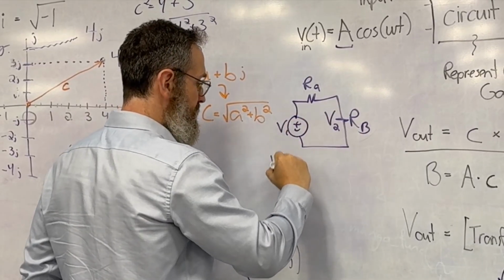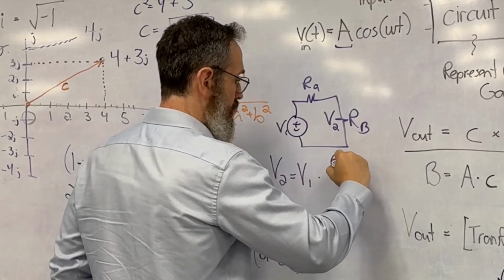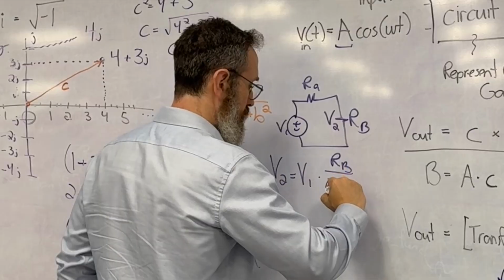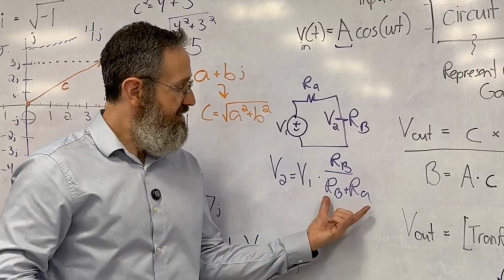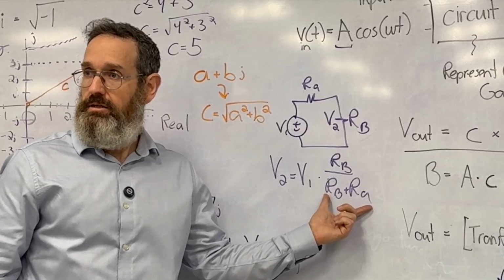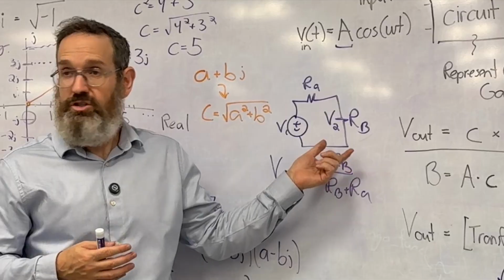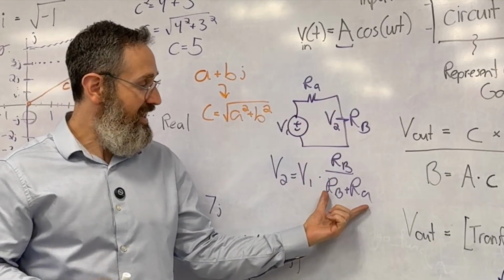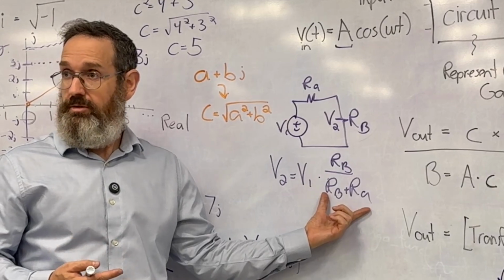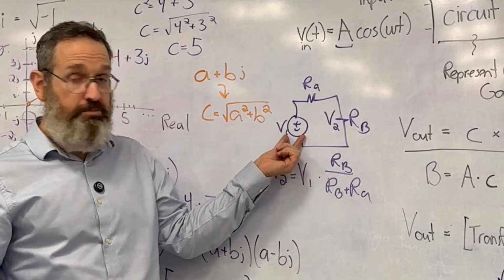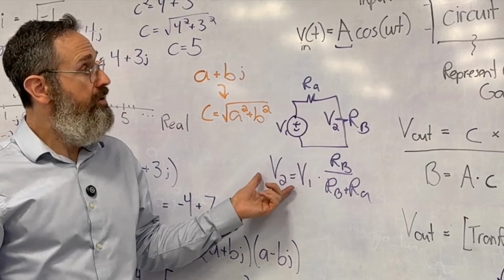V2 is equal to V1 times RB over RB plus RA. What have we done here? This is the circuit. A physical object full of all these elements has been collapsed, in this case to a number, but it's an equation. Input, circuit, output.